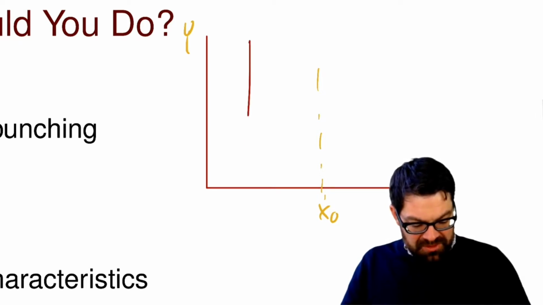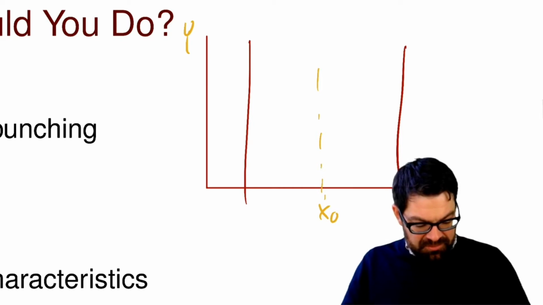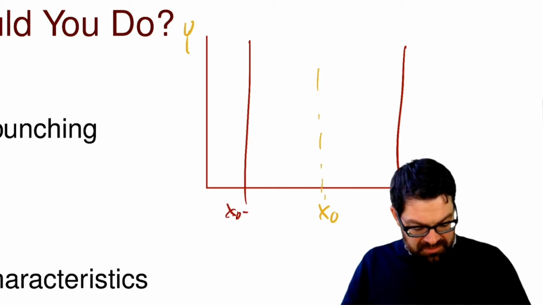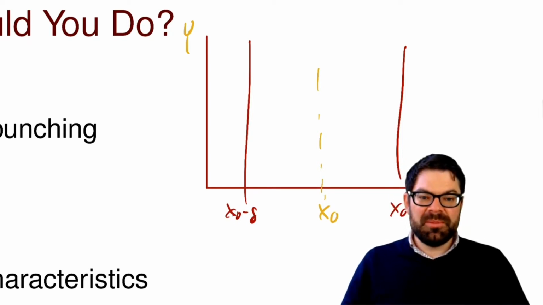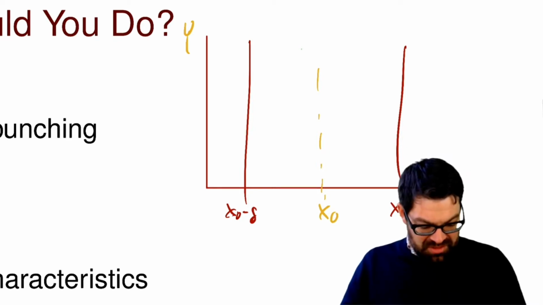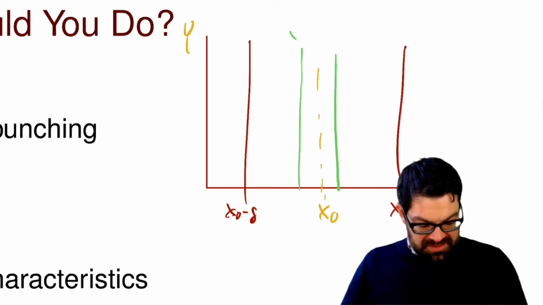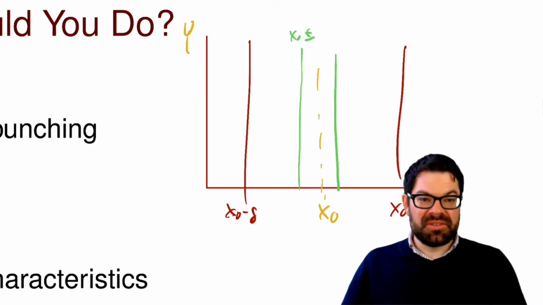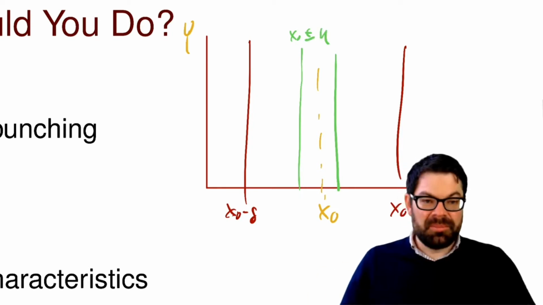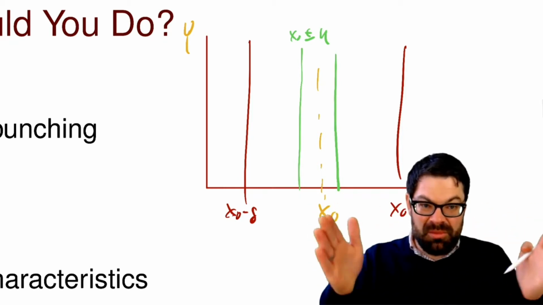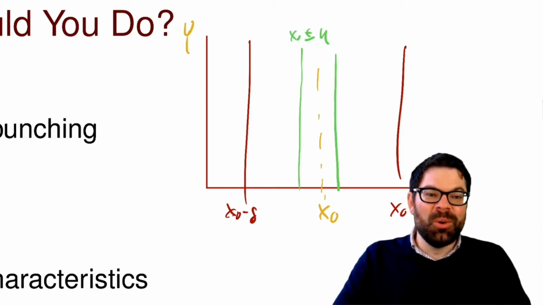So first of all, you have your bandwidth. So you have x naught minus delta and x naught plus delta. But then you have also a region in which you believe that manipulation happens. So let's say we believe that in this area we can have manipulation. And so that's x naught plus minus some other parameter, eta, which determines how big that donut hole is.